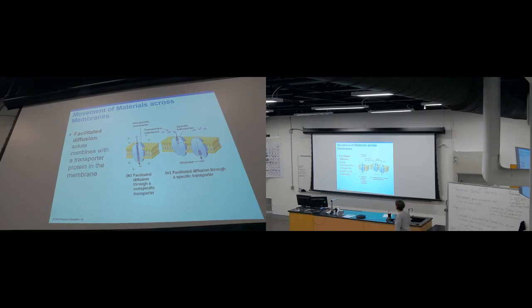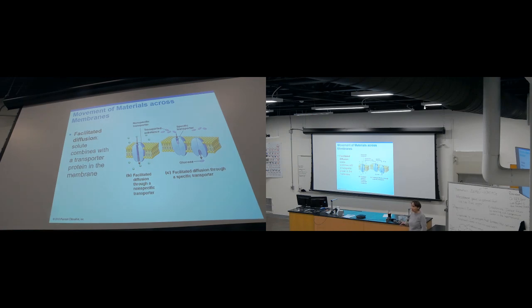Now for facilitated diffusion, you will have solutes combining with a transporter. In this case, we'll be combining with this channel. And you can have two types of transporters, non-specific and specific. In the case of the non-specific transporters, they can allow the passage of molecules as long as they have a particular shape and maybe a charge.